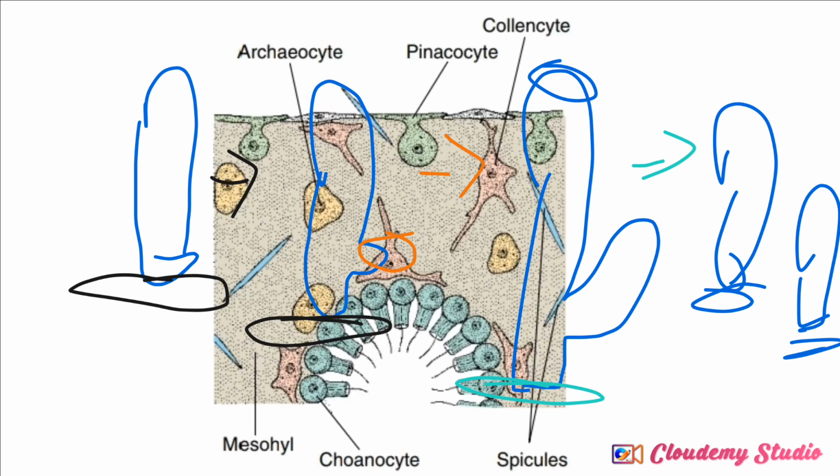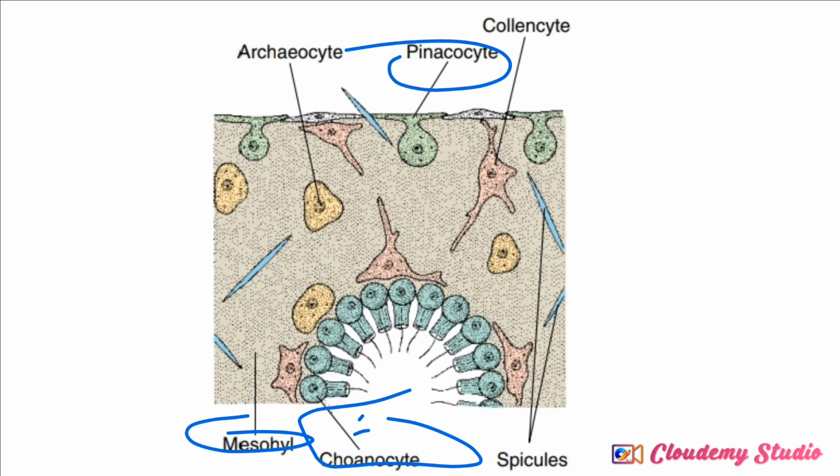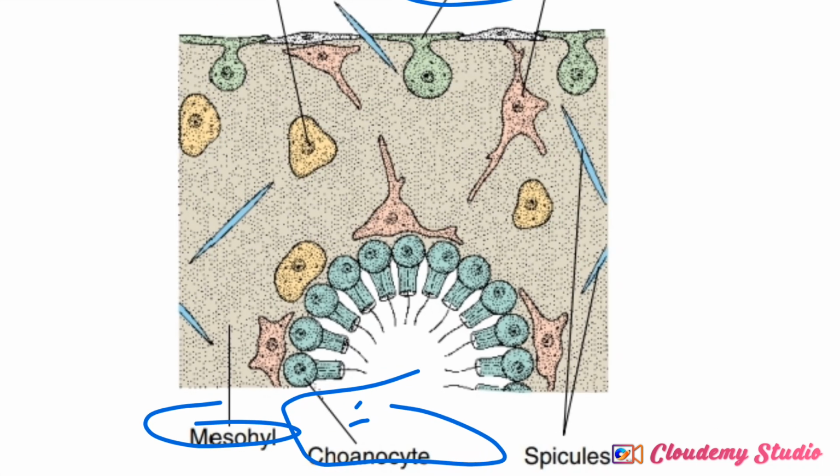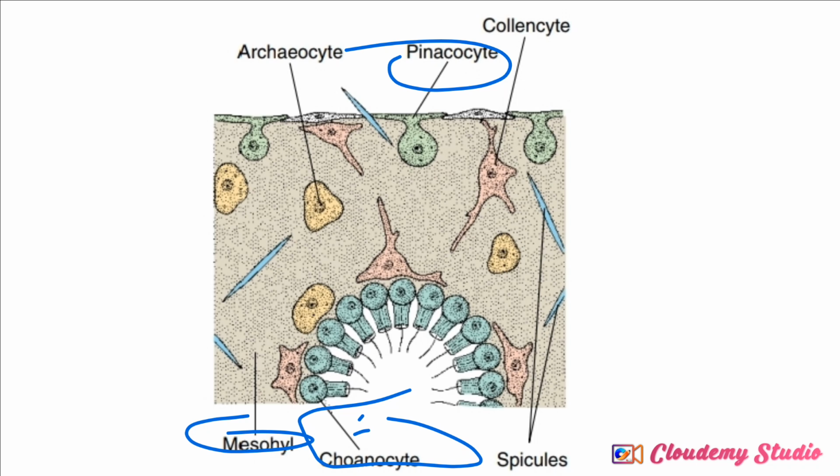You understand? So look, this is the structure of Porifera. Remember, I told you they have the outer cell, called the pinacocyte. They have the middle called the mesohyl, and they have the inner called the choanocyte. You understand? Now, these amoebocytes, I don't know if they put it here. They did not put it here. Okay. They have a cell called amoebocytes.